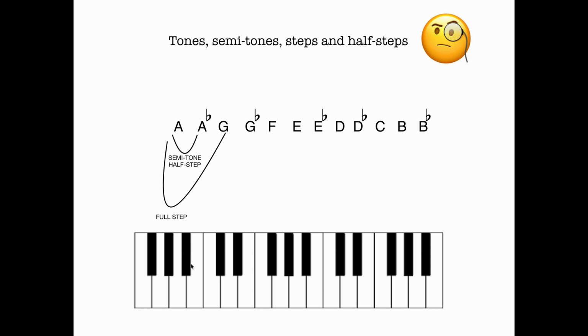Something else that you may have noticed is that notes with different letter names can refer to the same pitch. By that, what I mean is, let's take G flat, for example. G down one semitone is G flat.